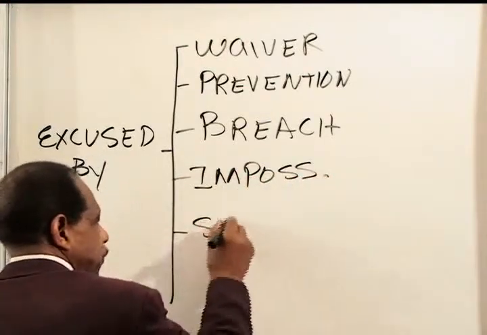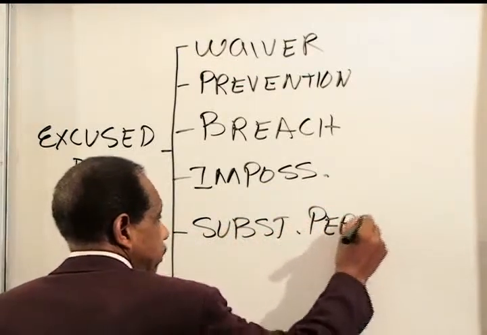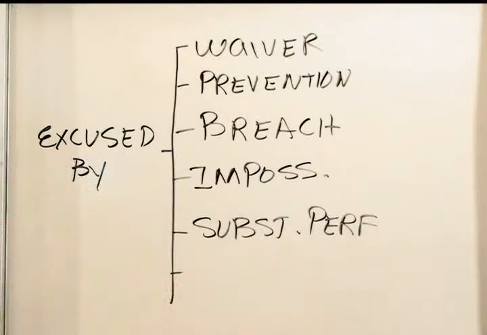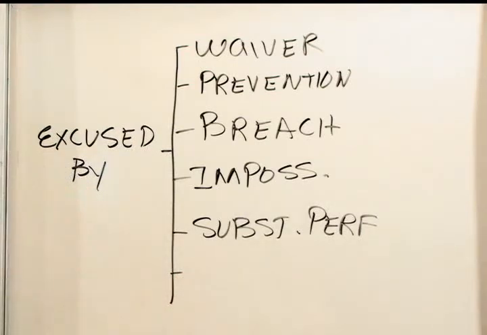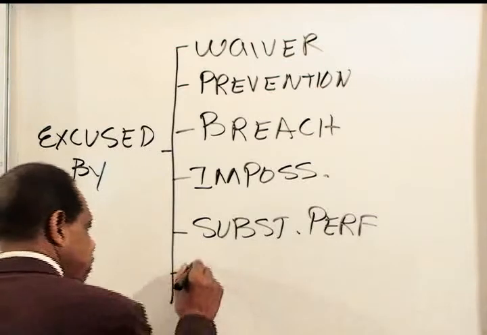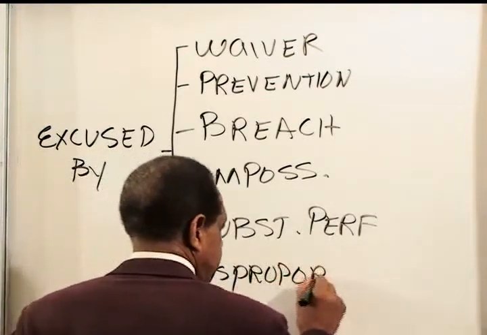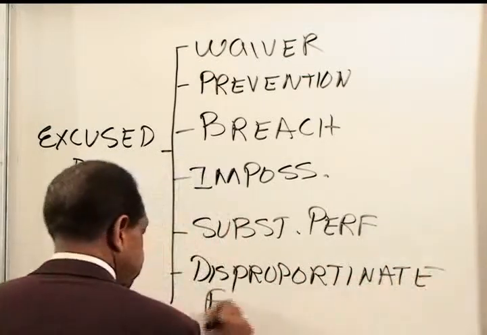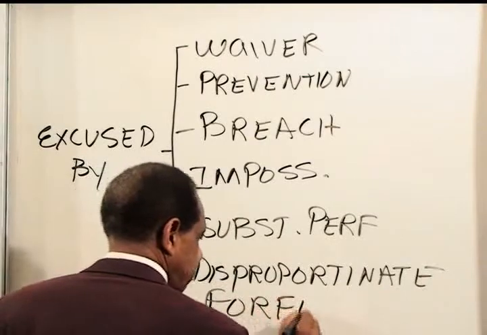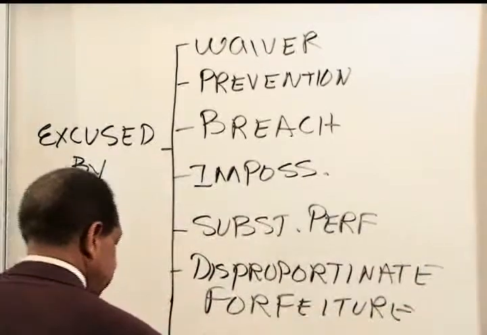By substantial performance. By divisibility. And I think I want to put divisibility last, so I'm going to put here by disproportionate forfeiture. And by divisibility.